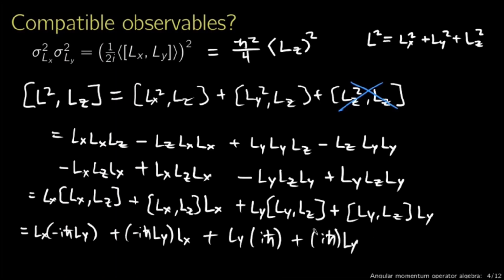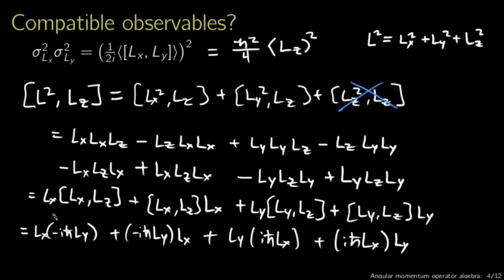Now, oops, I forgot my operator. The commutator of Ly and Lz is not just i h bar, it's i h bar Lx. Plus i h bar Lx Ly. Now, if you notice here, here I have an Lx followed by an Ly. I have to keep these in the right order because they don't commute, but I have a minus i h bar Lx Ly.